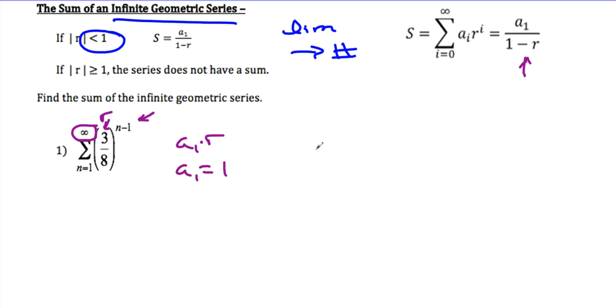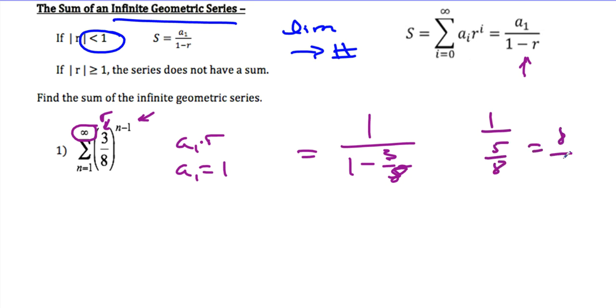All right? So we're going to plug in. A sub 1 goes in the top, and we have 1 minus r, which is 3/8. Well, 8/8 minus 3/8 is 5/8. So 1 over 5/8. Flip and multiply, you get 8/5. That is the sum of the infinite series.